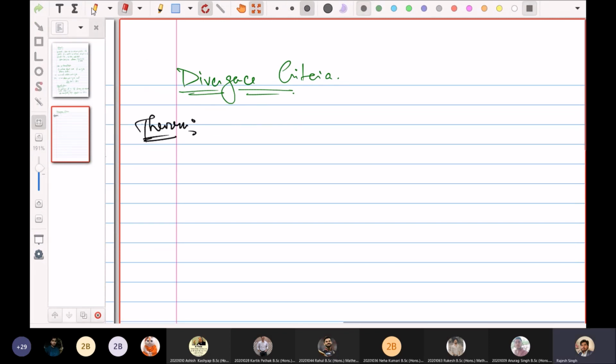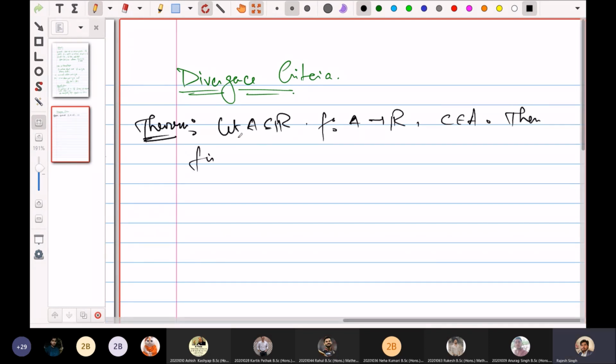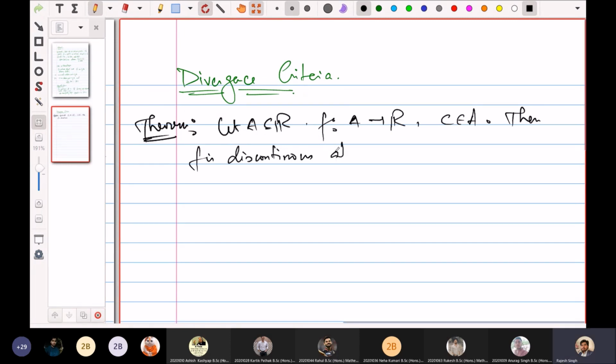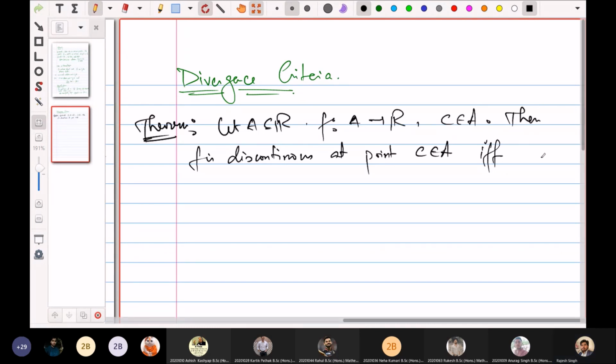So we were defining this, the divergence criteria. What is this? If we have some subset A of R, f is a function from A to R, c is some point in A, then f is discontinuous at point c belonging to A if and only if one of the following holds.